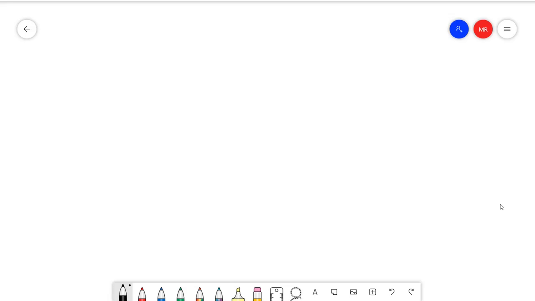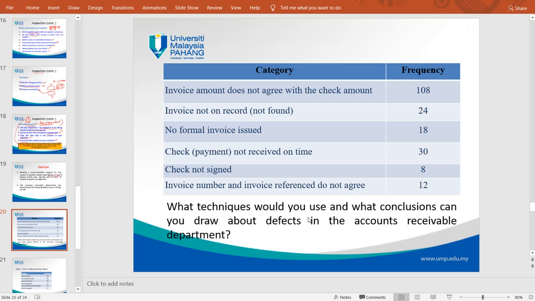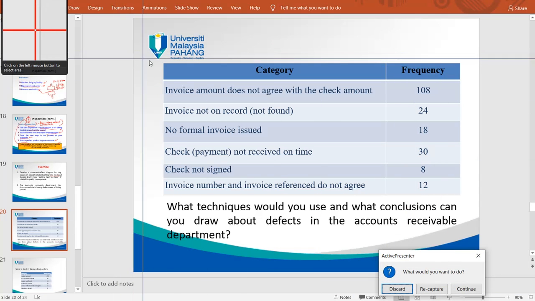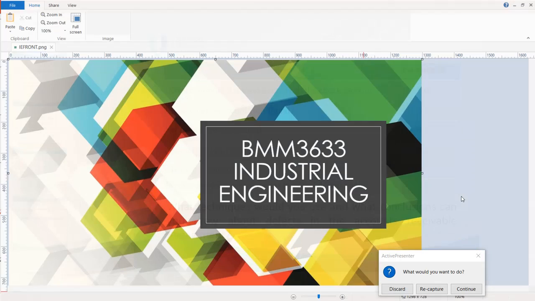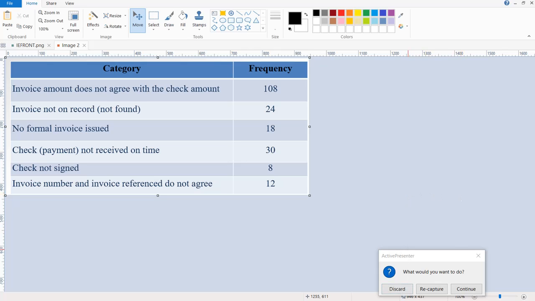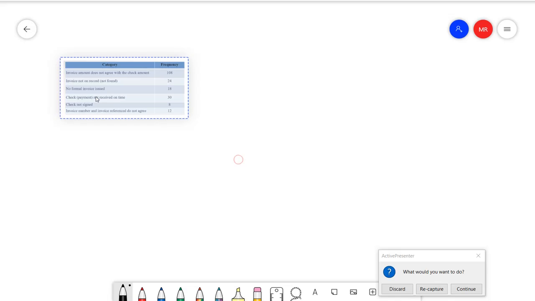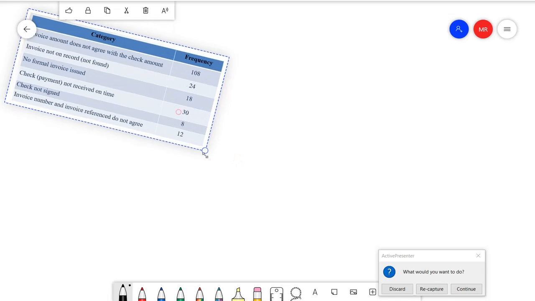Okay, now we want to construct a Pareto chart. First of all, we look at the data here. Invoice amount does not agree with the check amount. Let's say I'm using this data.